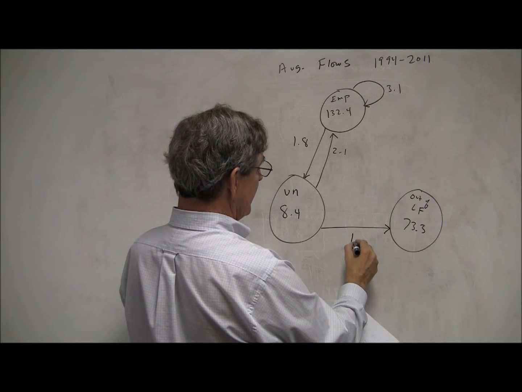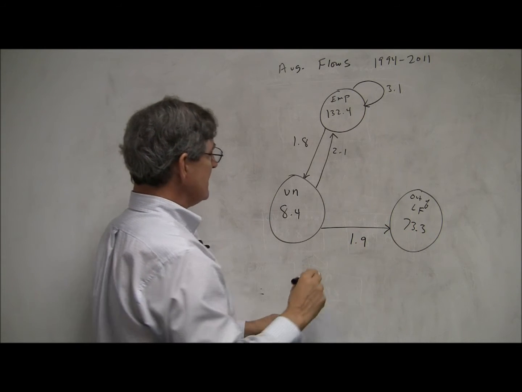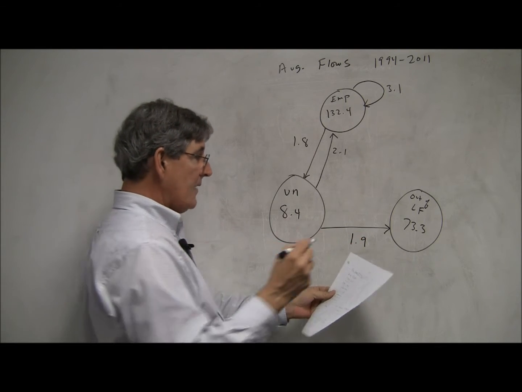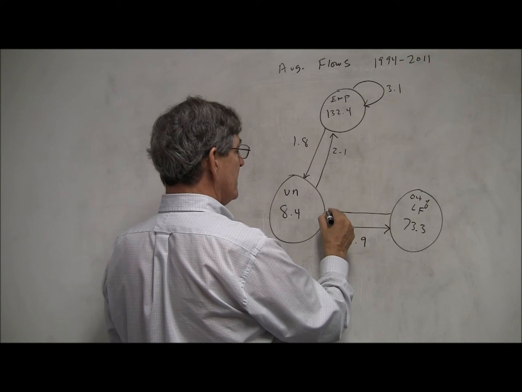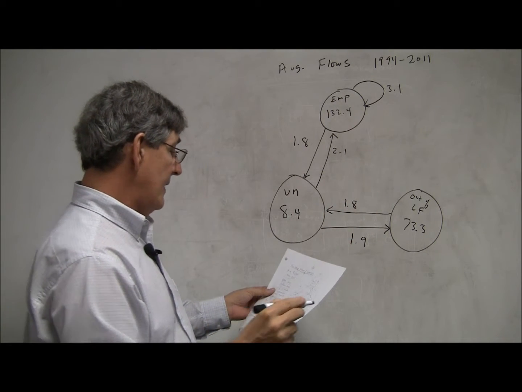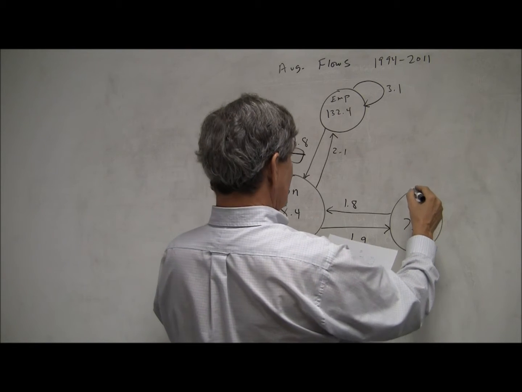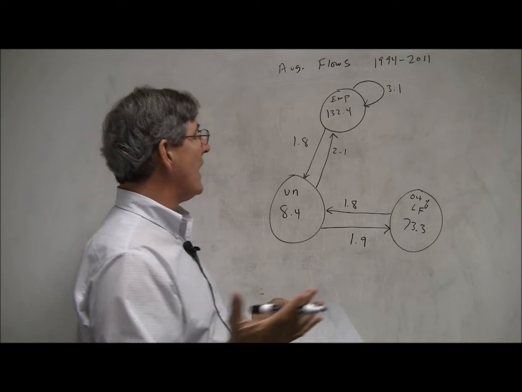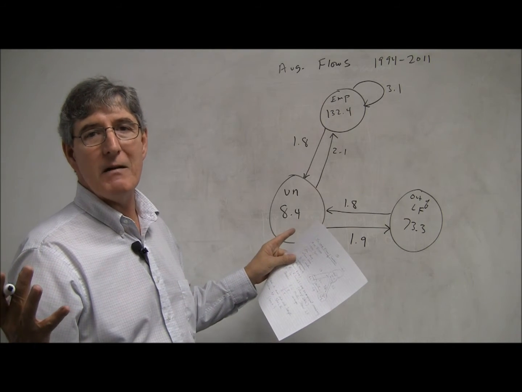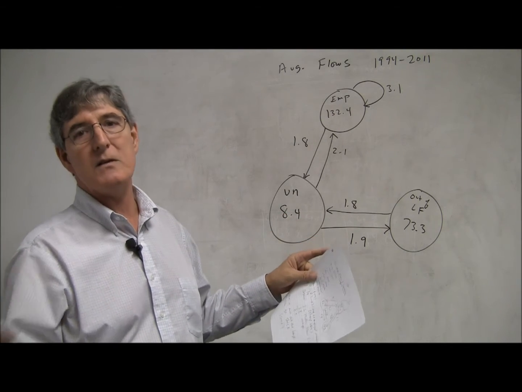Of the unemployed, some of those will leave the labor force. Maybe they get discouraged, they can't find a job, so they say, oh, I'm going to stop looking, and they go out of the labor force. Other people return. These flows are pretty similar. That's 1.8 million. And then we have two flows. Some people, they're out of the labor force, and they get a job, but they don't actually spend any time unemployed. They just go straight from out of the labor force into employment.